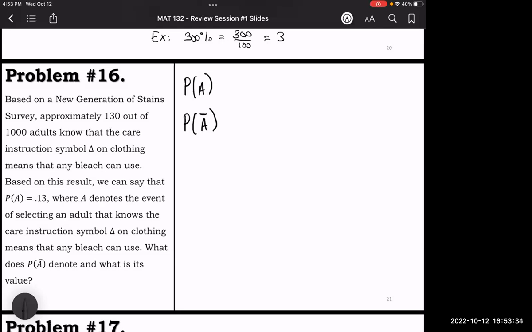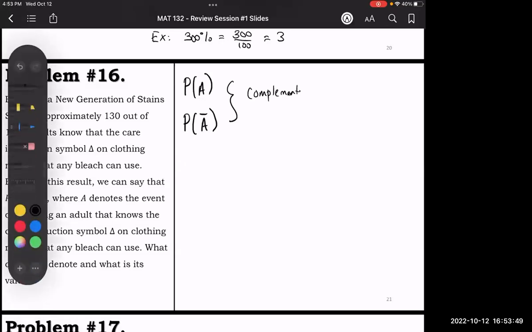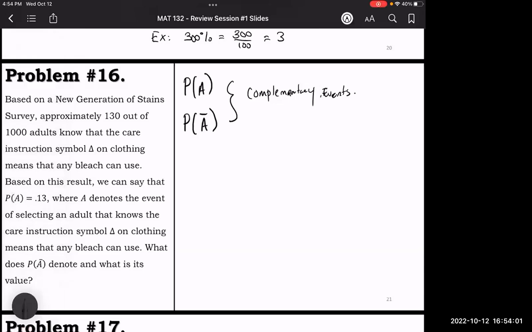Thank you, Amy. Say again. Complement? That's right. They're complementary events. I can't spell right now, but complementary events. What's another way of thinking about complementary events?